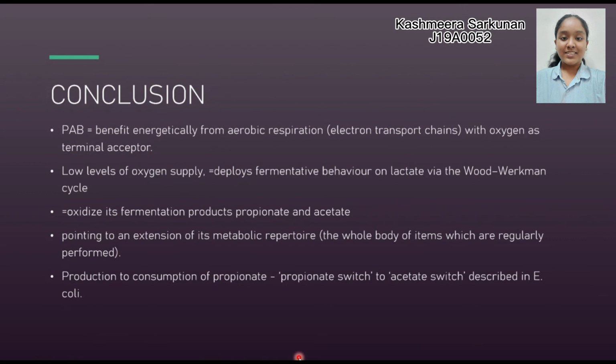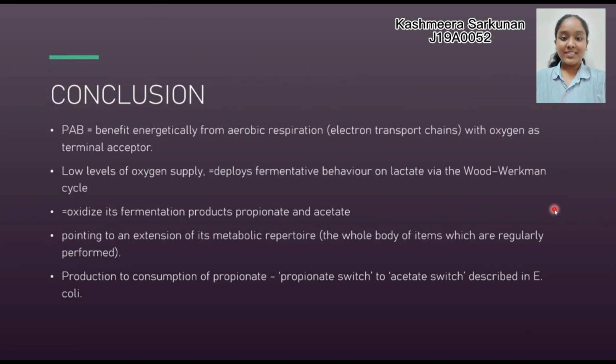So as a conclusion, PAB benefit energetically from aerobic respiration with oxygen as a terminal acceptor. There is a low level of oxygen supply which deploys the fermentative behavior on lactate via the Wood-Werkman cycle. It is to oxidize the fermentation products, propionate and acetate.